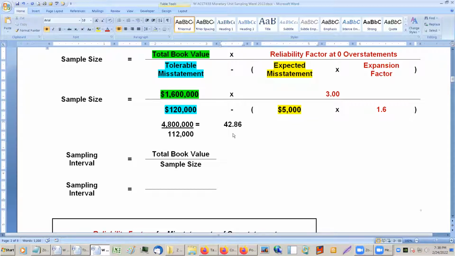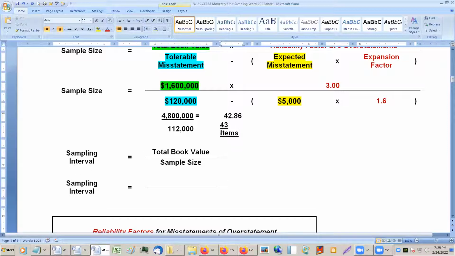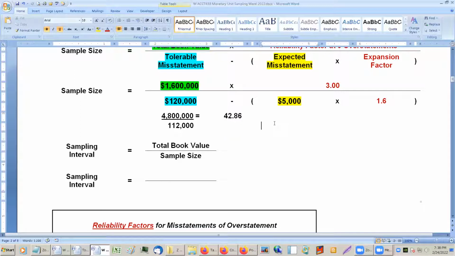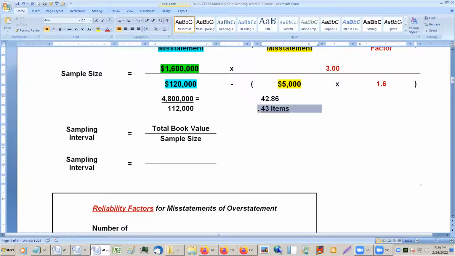Now we really can't take 0.86 of an item, so we'll round that up to 43. So the sample size will be 43 items.